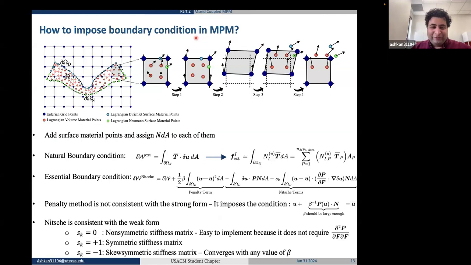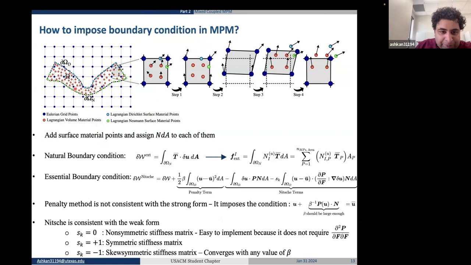that's not very straightforward. What we did, we added surface material points to the system. These red ones are those material points discretizing the grid. They have some volumes, so the summation of these red ones should be the volume of the system.